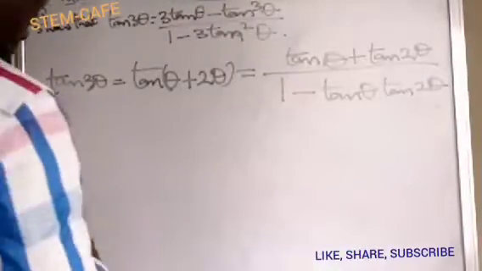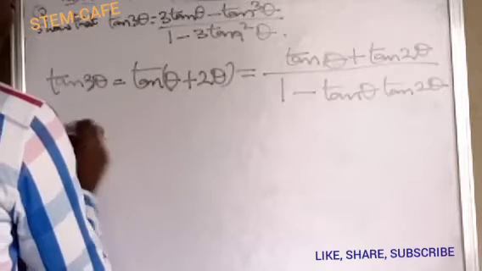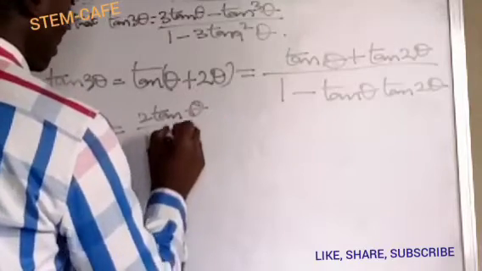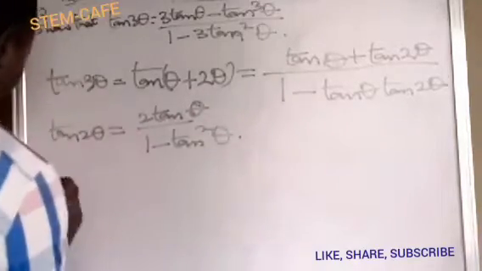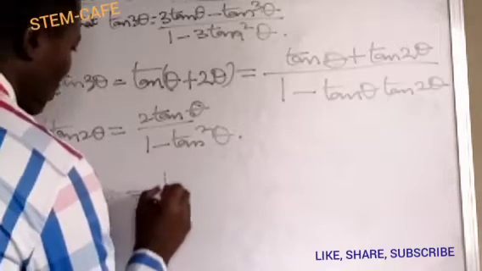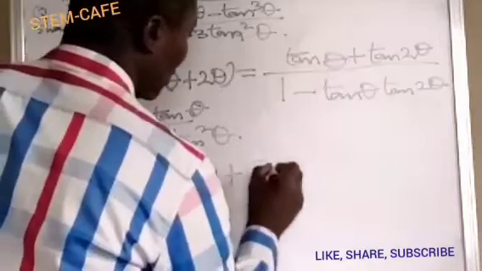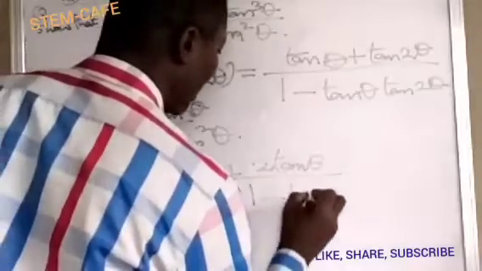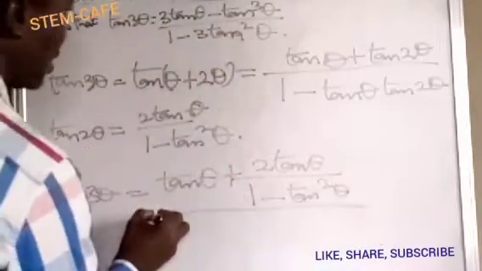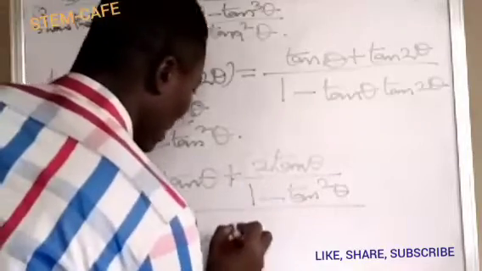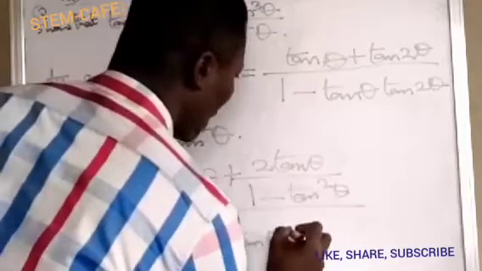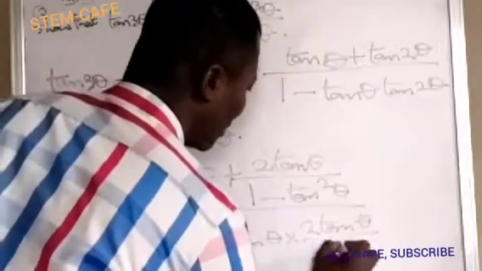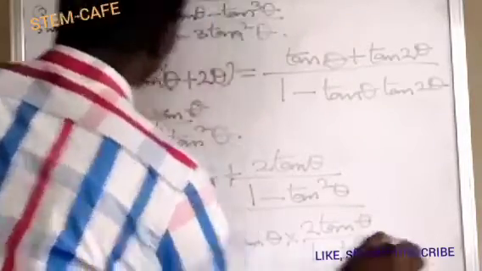I know from the identity, tan 2 theta is 2 tan theta over 1 minus tan squared theta. So tan 3 theta is equal to tan theta plus 2 tan theta over 1 minus tan squared theta, over 1 minus tan theta times 2 tan theta over 1 minus tan squared theta.